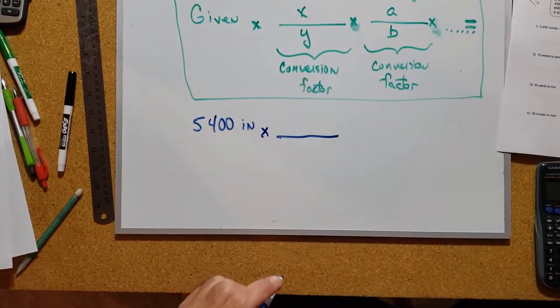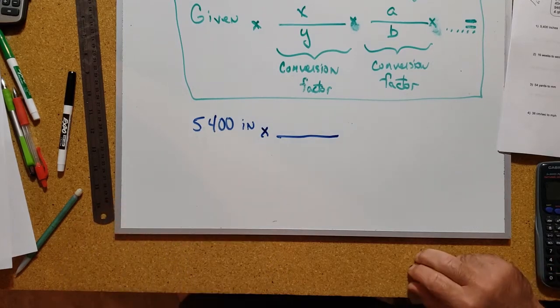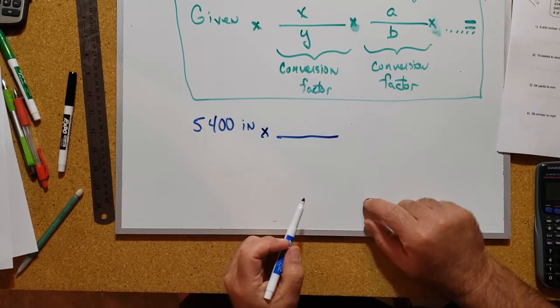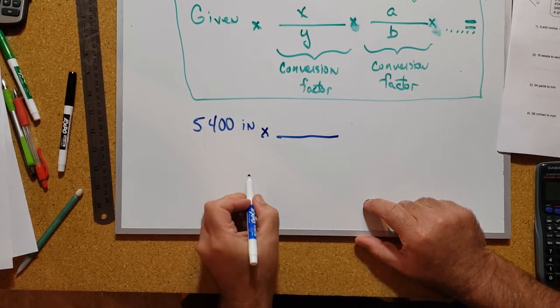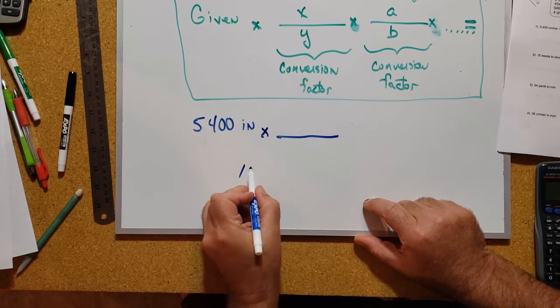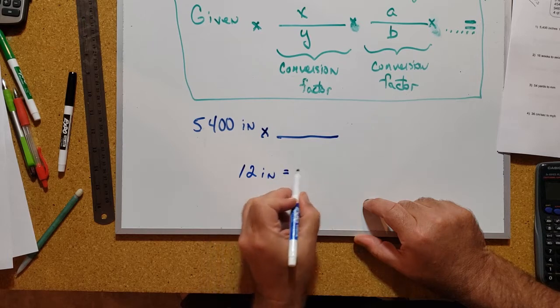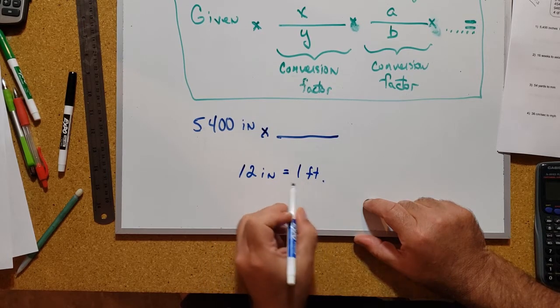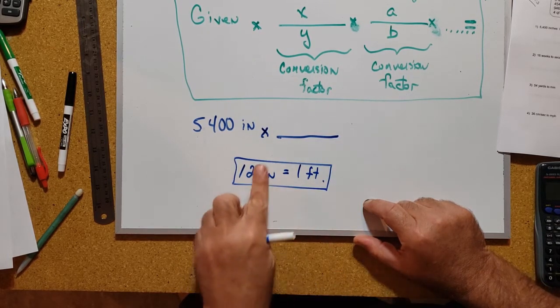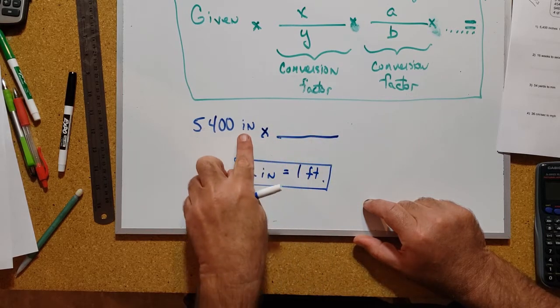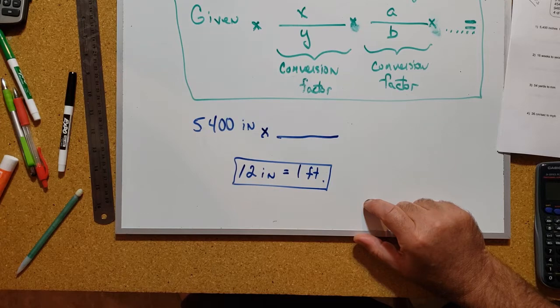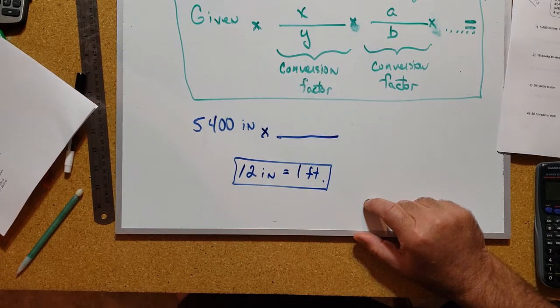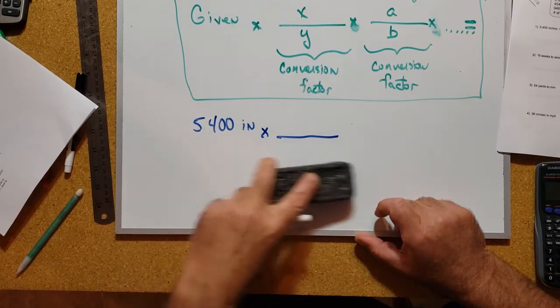I don't have a set of numbers that relate inches to miles directly, but I do have a conversion factor that tells me 12 inches equals 1 foot. I know that. So if I set this up properly, I could go from inches to feet. And that's exactly what I'm going to do. Stay with me here a little bit.